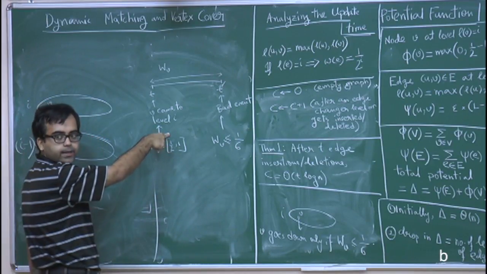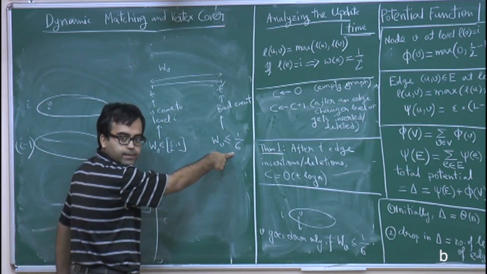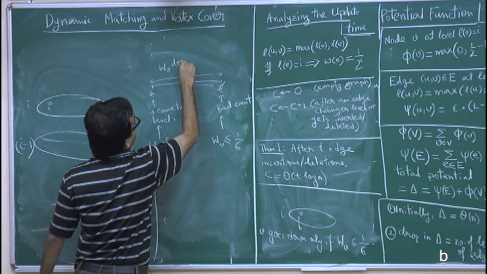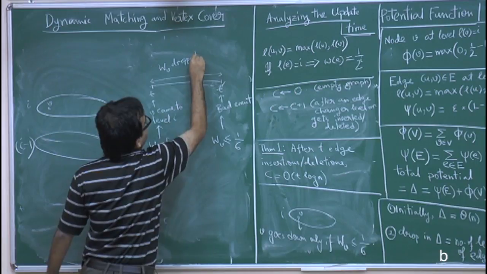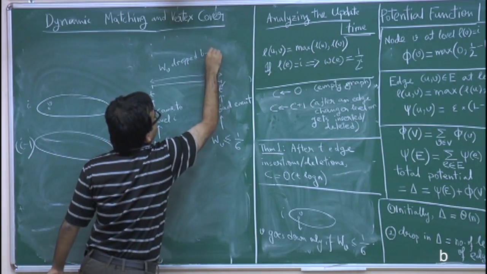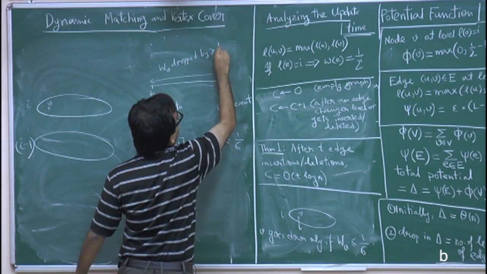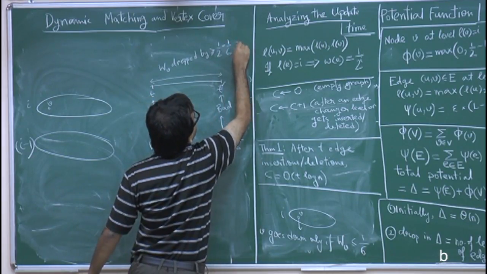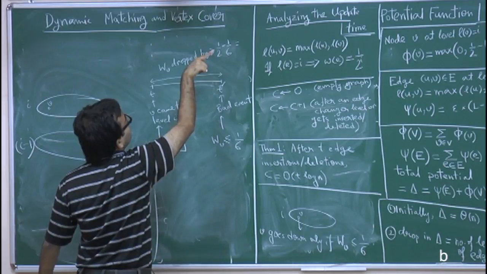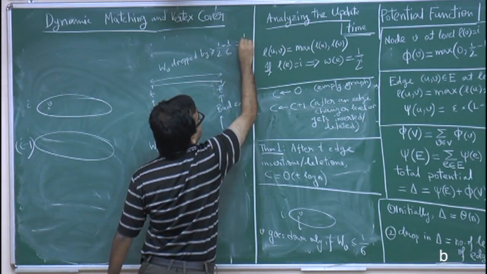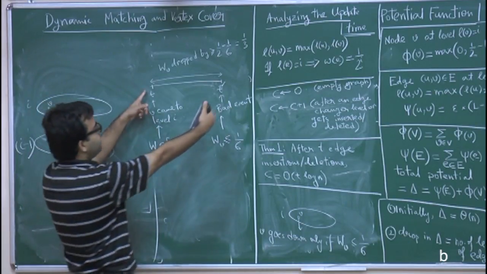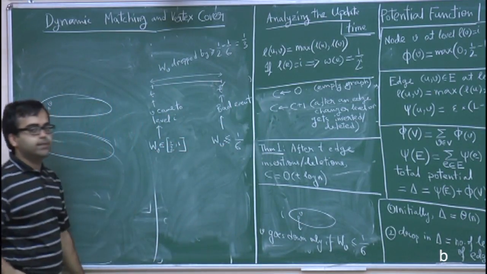It was earlier at least half, now it is below 1 by 6. So W_V dropped by at least half minus 1 by 6, which turns out to be roughly equal to 3 by 6 minus 1 by 6, which is 2 by 6, that is 1 by 3. So now during this time interval, W_V dropped by 1/3.